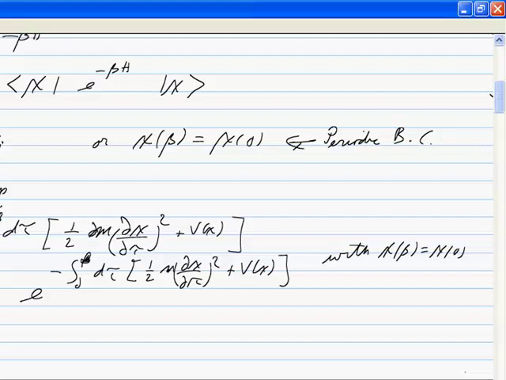Okay, this is the famous Feynman-Kac formula.